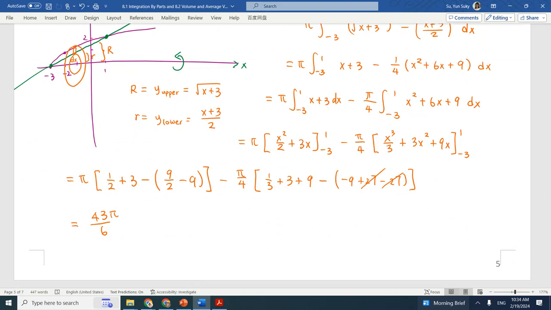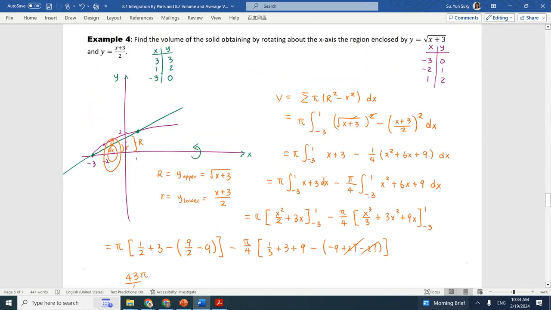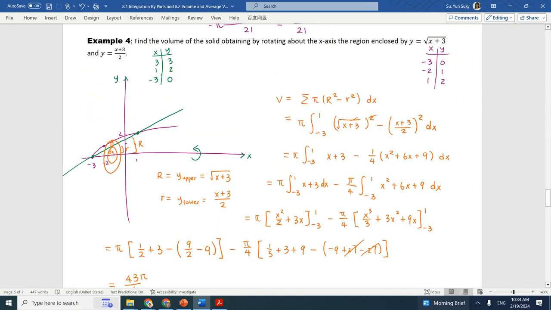Any questions about finding the volume of a solid rotating about the x-axis? Everybody okay with the steps? What is the first step? What do you do? Plug in integer points and draw the graph, right? And how about your second step?